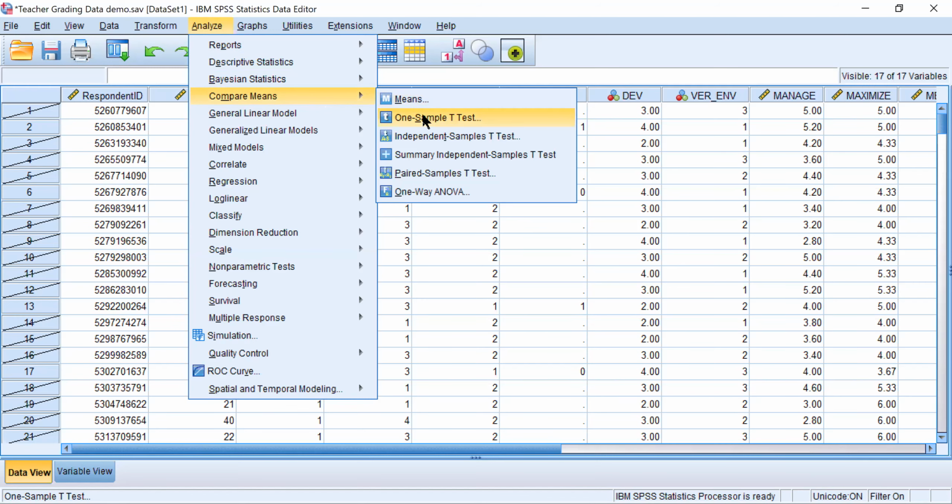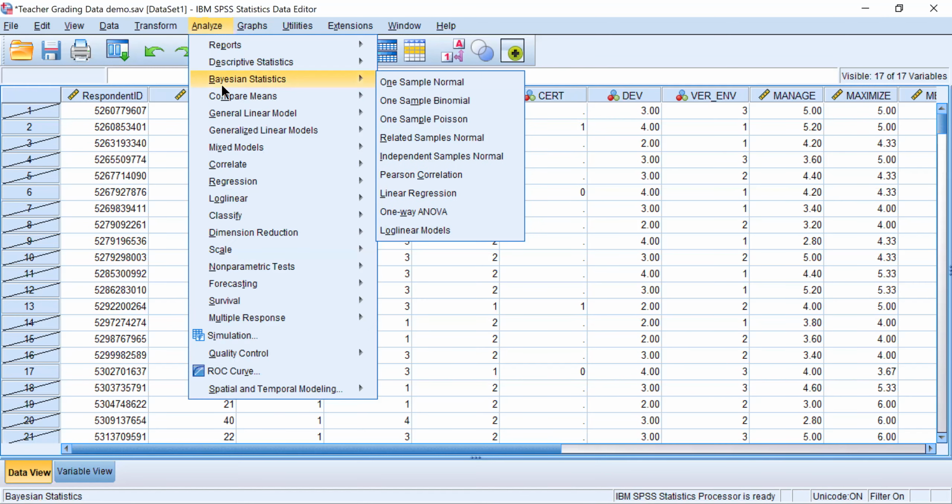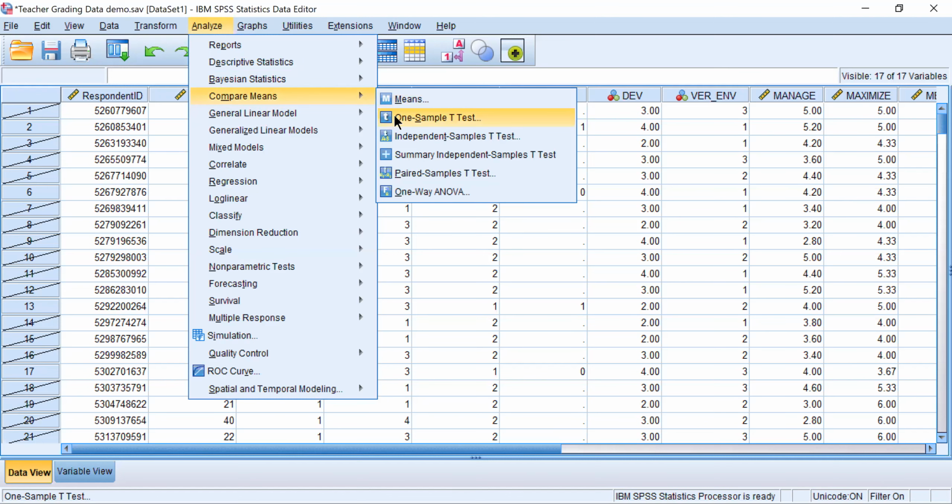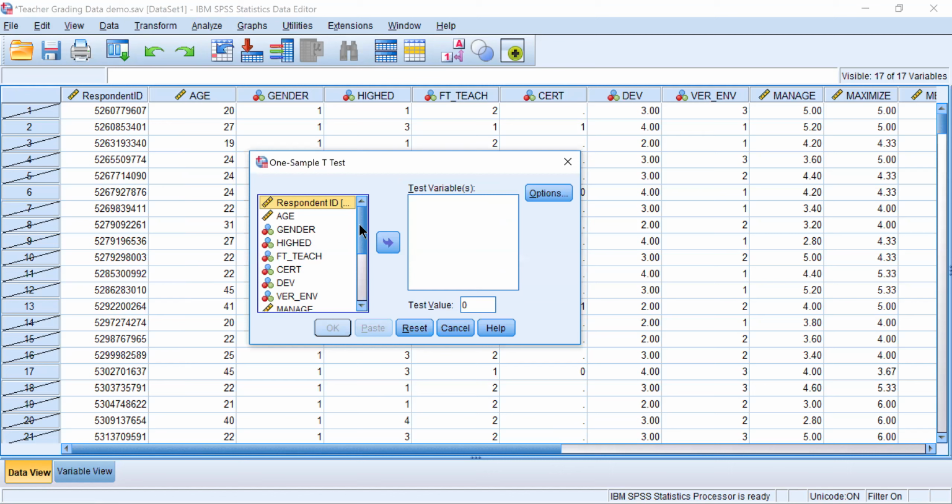So the one sample t-test is under Analyze, Compare Means. And the one sample t-test says, well, what variable do you want to test? I want to test age. And it says, what's the test value? In other words, what's the value under the null hypothesis?